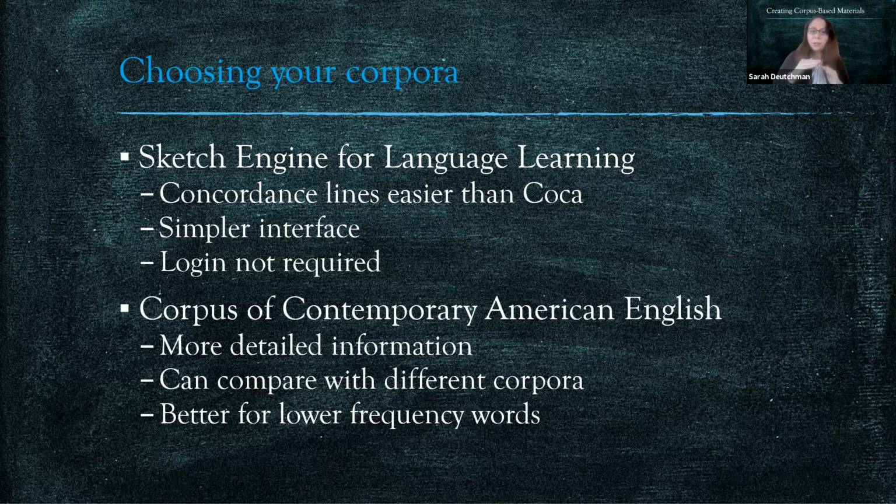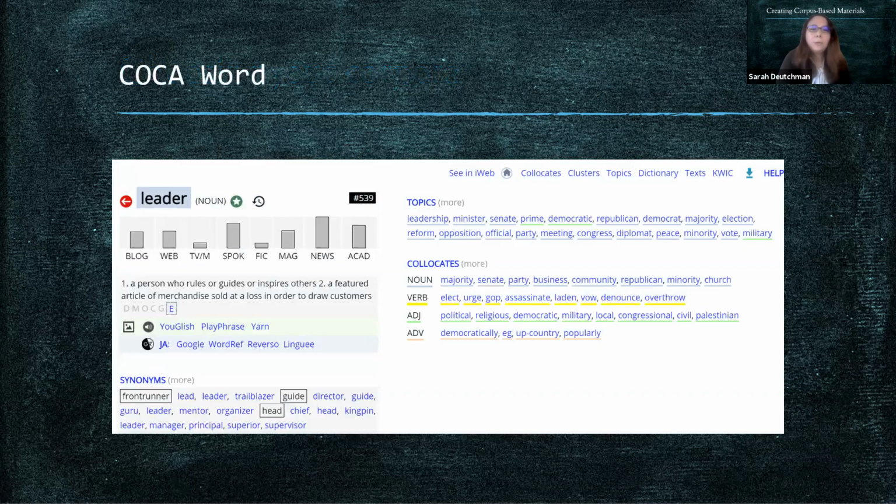With Sketch Engine, the more difficult words don't really have as much information. You can still find concordance lines, but you wouldn't be able to find the word sketch or other similar words. But as I said, COCA gives you more detailed information.